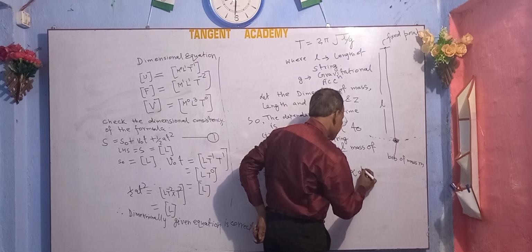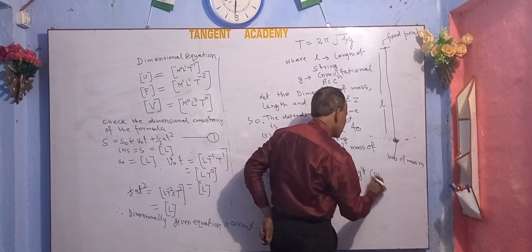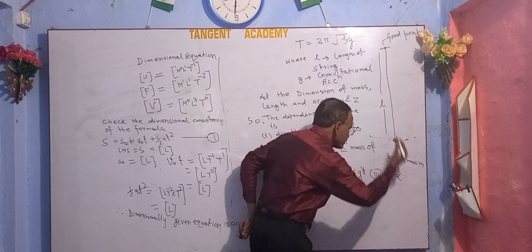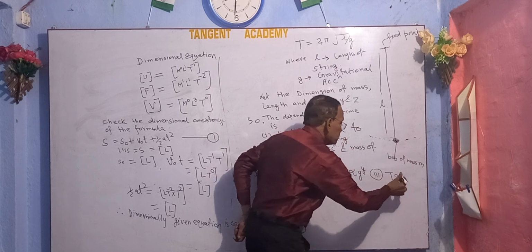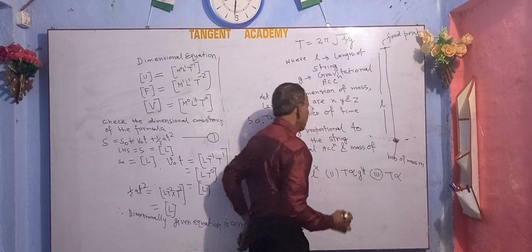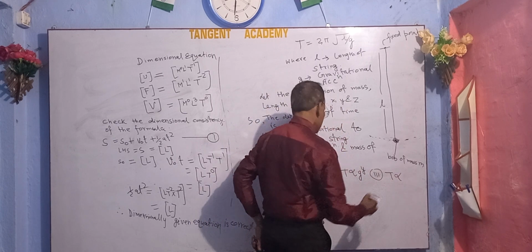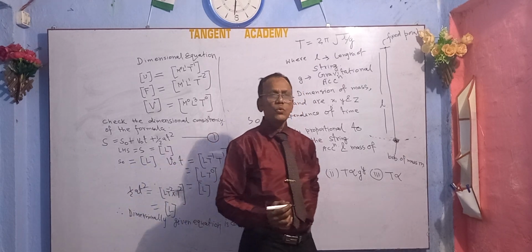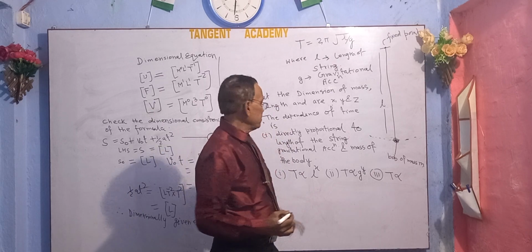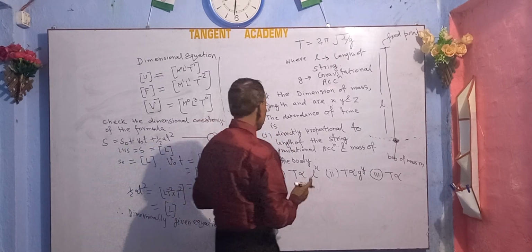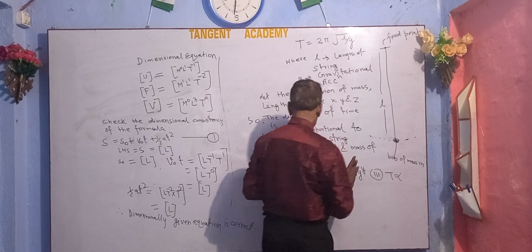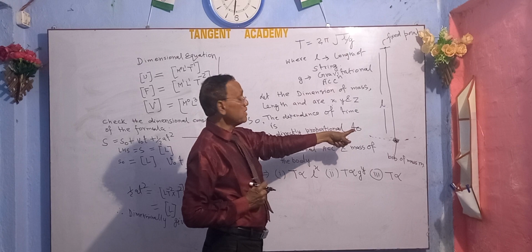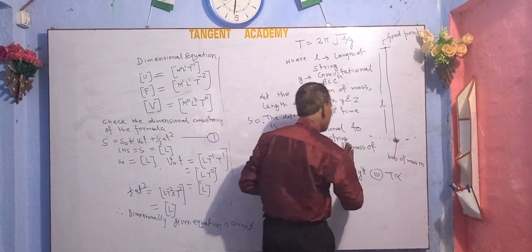And third, the time period is proportional to mass. But T is equal to under root L by G, so mass is not involved here. The time period of the body is independent of mass.